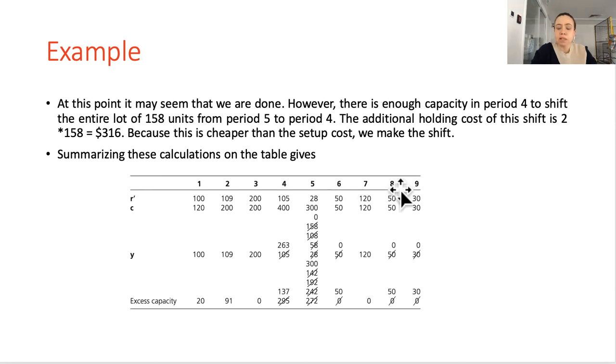Okay, when I shift this production amount to week 4, I will have an inventory holding cost of $316, and this is less than our setup cost. So I decide that it would be better to shift this production plan to the previous period. And now again I check if there is any lot that I can shift backwards, and I see that there is no lot. So this is our final plan.